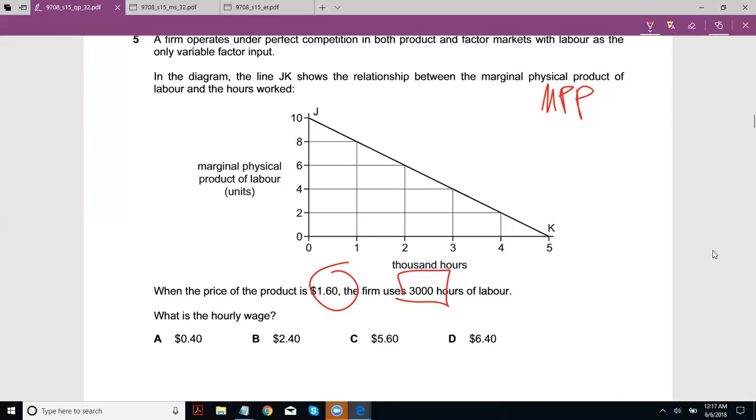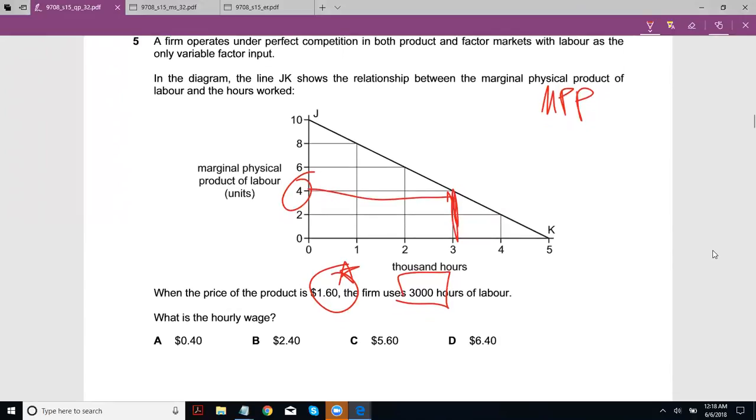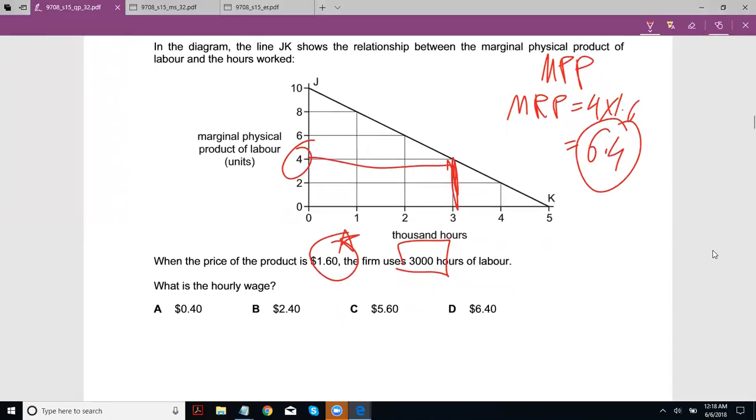Anyhow, so you know that it uses 3,000 hours. So the MPP is 4, and if you want to calculate your MRP, that would be 4 times 1.6, which is 6.4.